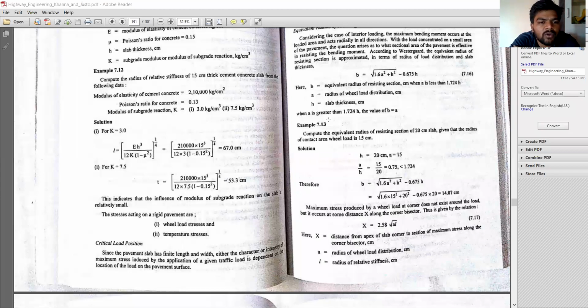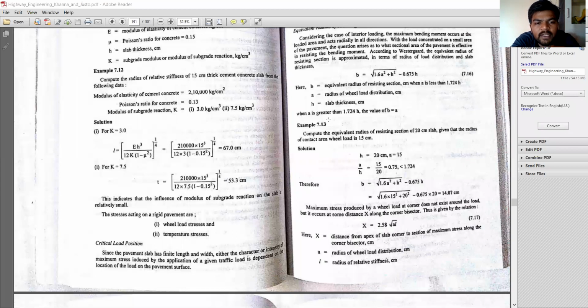It means you are going to calculate relative stiffness by taking a 15 centimeter thick cement concrete slab. What are the given data? Modulus of elasticity of cement concrete is 2.1 into 10 raised to 5 kg per centimeter square, and Poisson's ratio for concrete is 0.13. It may vary up to 0.15, but here it is given as 0.13.